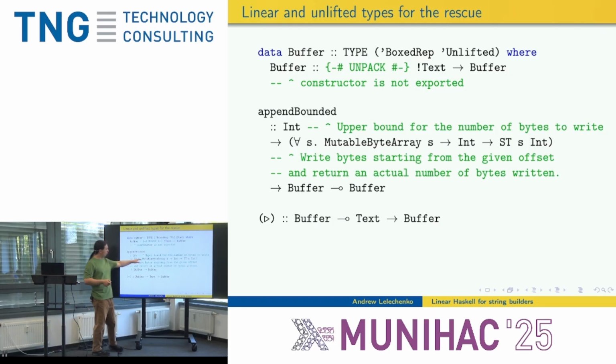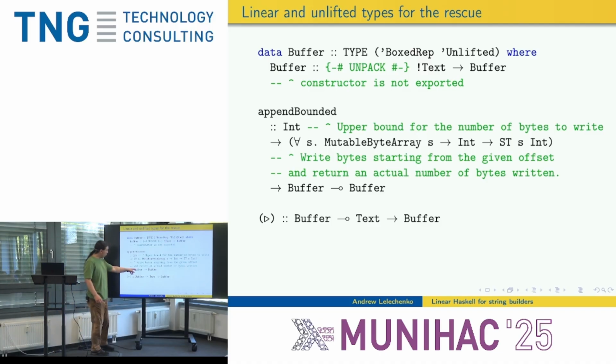And you give me a function which is going to write this data. And then you give me one buffer, and you see this linear lollipop arrow, you give me a buffer and I give you another buffer.